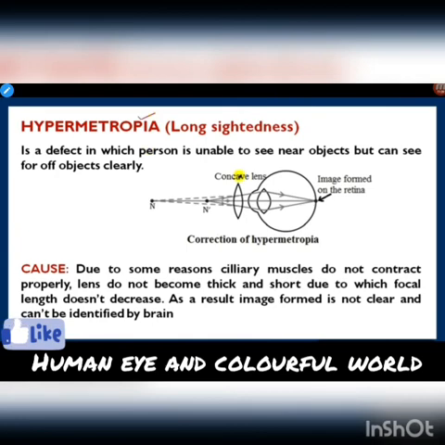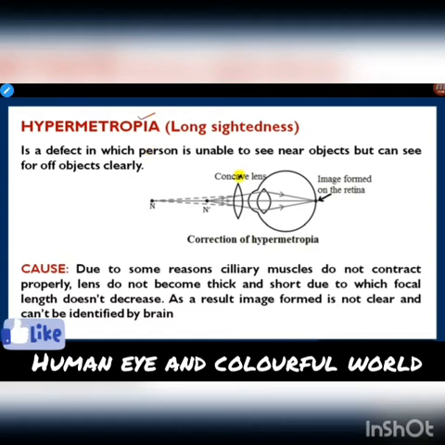Now the next eye defect is hypermetropia or long-sightedness. It is a defect in which a person is unable to see near objects but can see far off objects clearly. Now what is the cause?